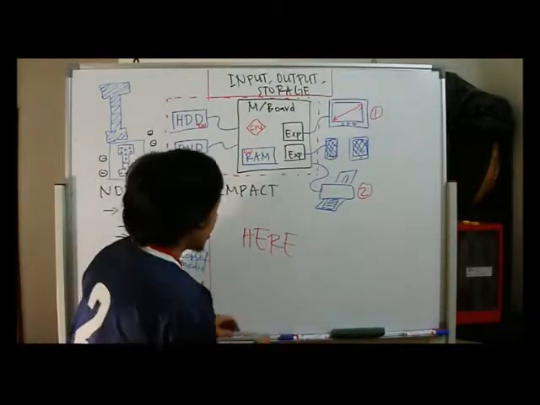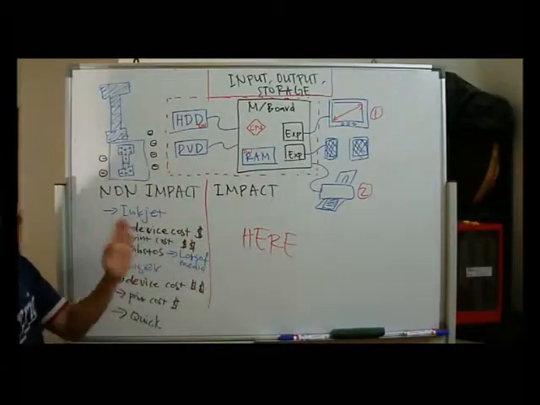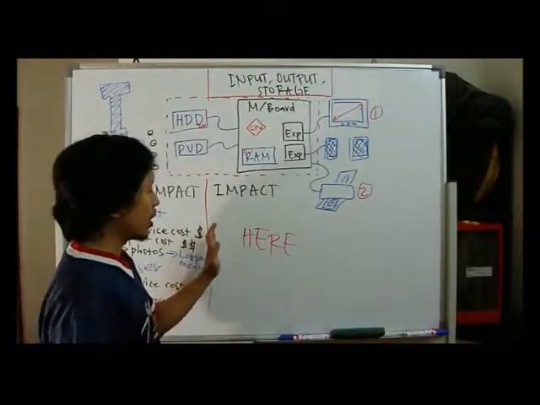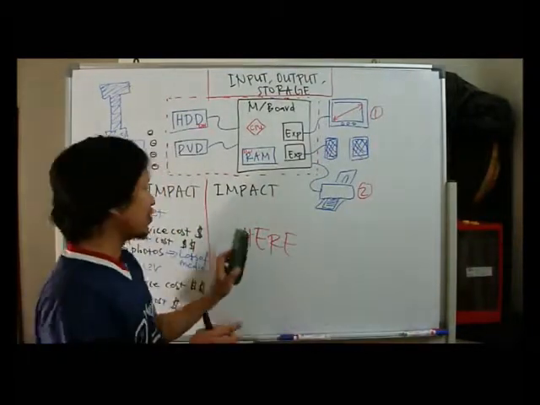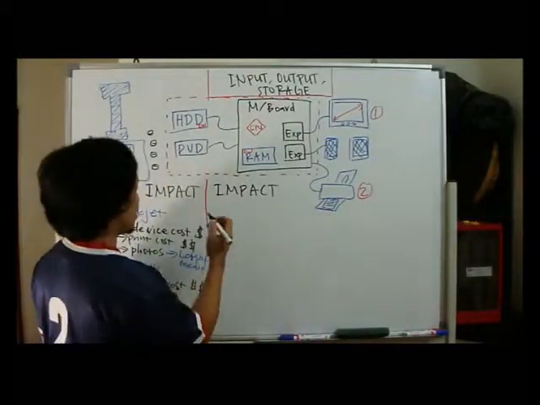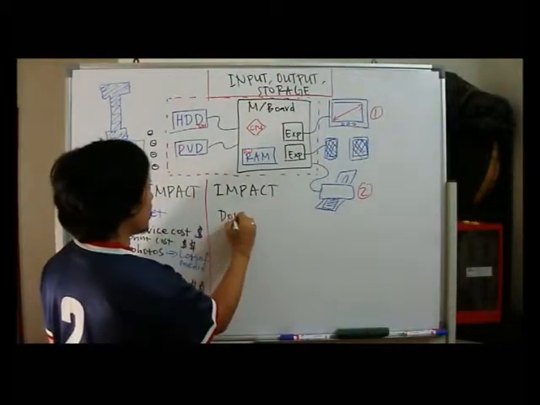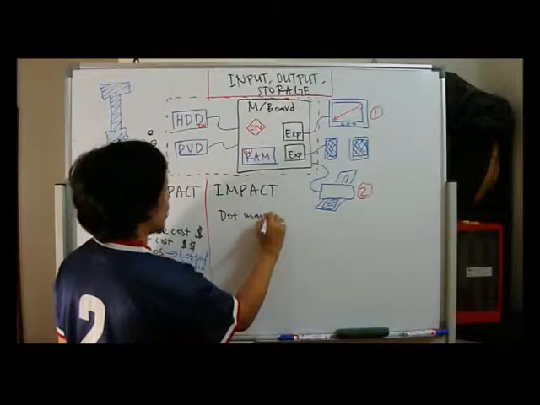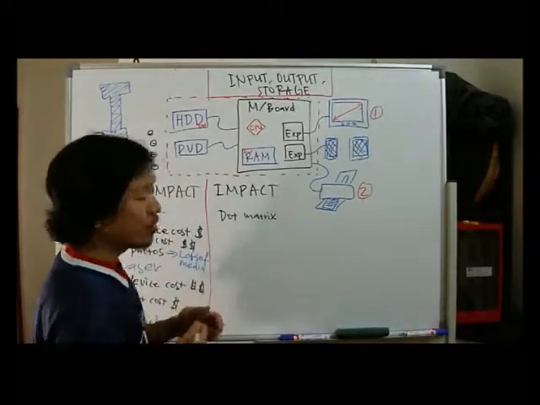Anyway, next we talk about impact printing, right? This is much less popular, and so you might be less familiar with this. One impact printer that we'll talk about now is the dot matrix, right? These are the older versions of printers.